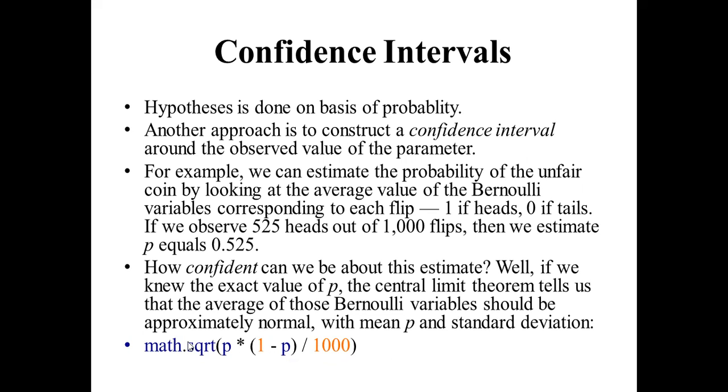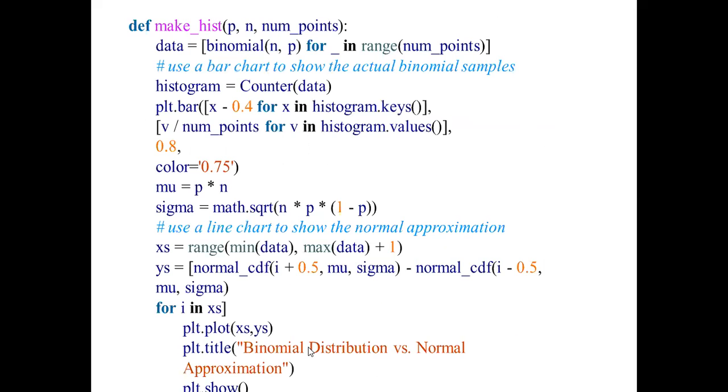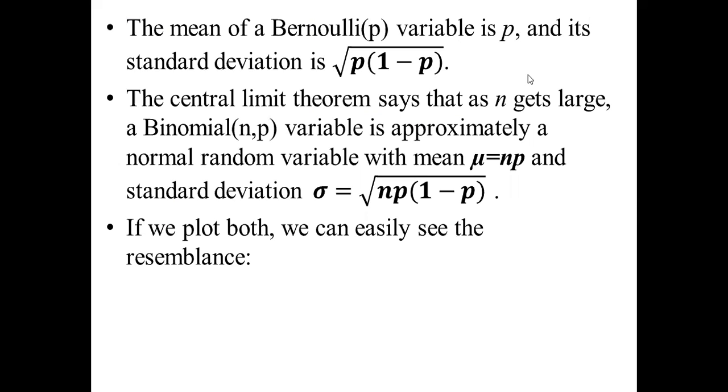With 1000 flips, the standard deviation is the square root of P multiplied by 1 minus P, divided by 1000, as per the Bernoulli case we studied previously.